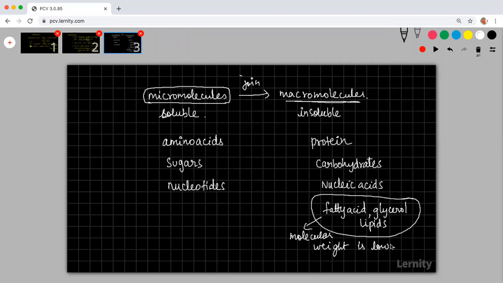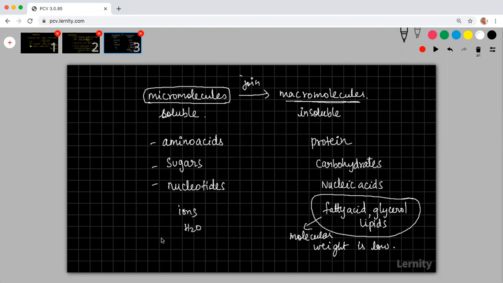Insoluble part. So if I'm doing a tissue analysis, I will get two parts. One is called the soluble part and the other is called the insoluble part. In the soluble part, I will have these three components along with ions and water.